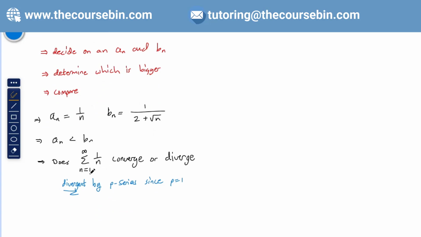So the comparison test says that if we compare a smaller series to a larger series, and the smaller series diverges, then the larger series also diverges. That's the conclusion we wrote for the direct comparison test.